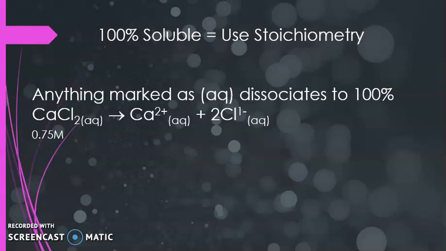When that breaks apart, due to mole ratios, 1 mole calcium chloride makes 1 mole calcium. So I know at the end, my calcium concentration should also be 0.75 molar, but my chloride is double that. Instead of 0.75, my chloride concentration is going to be 1.50 molar. Again, the mole ratios matter here.